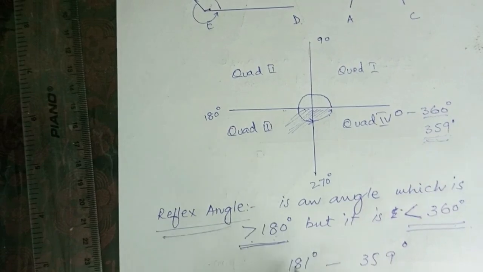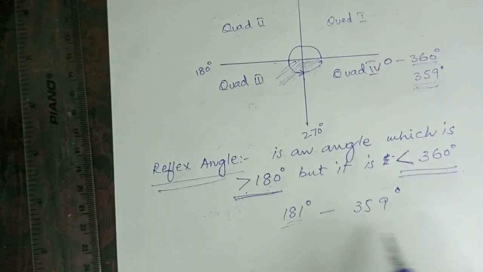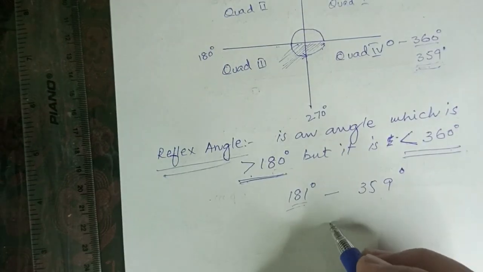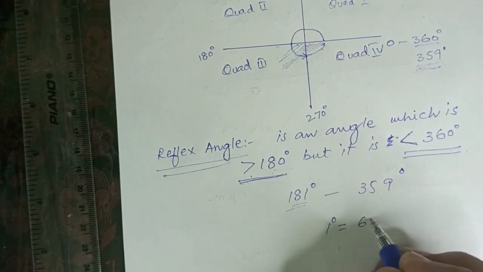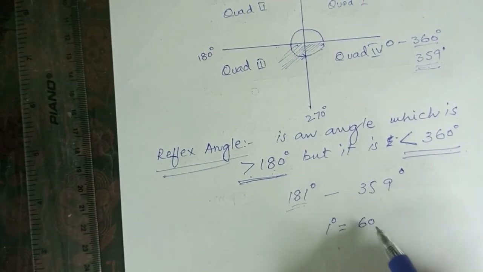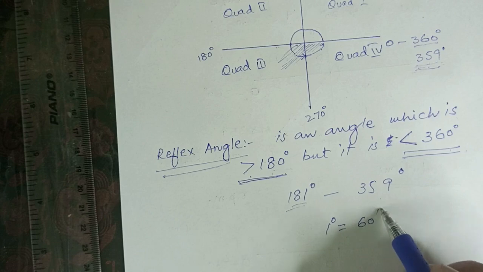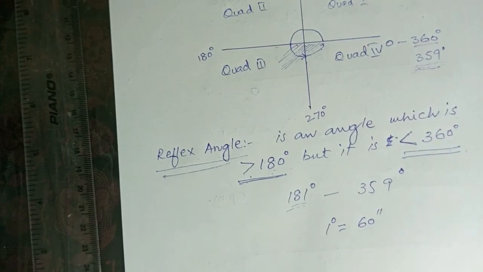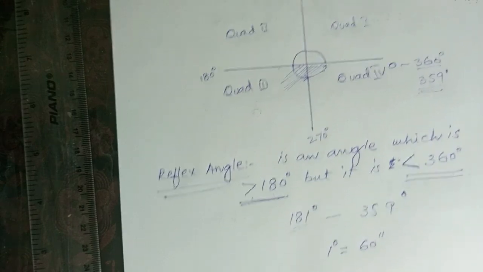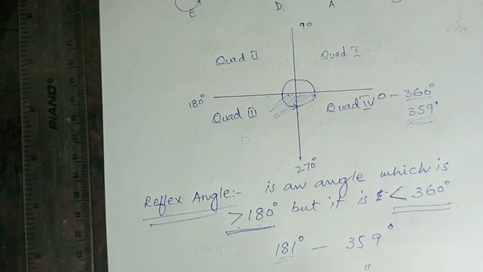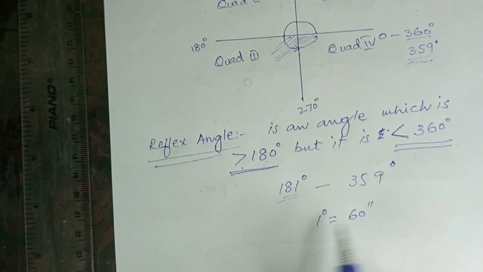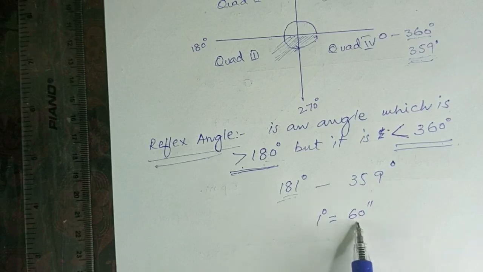This is the round figure, because you know that 1 degree consists of 60 minutes, like the time, it is subdivided into 60 divisions.